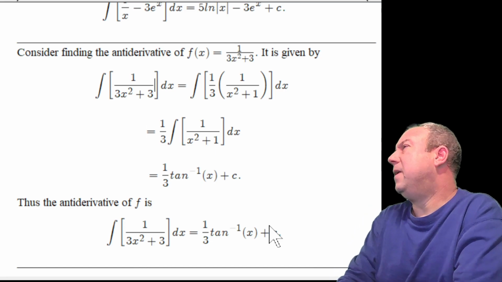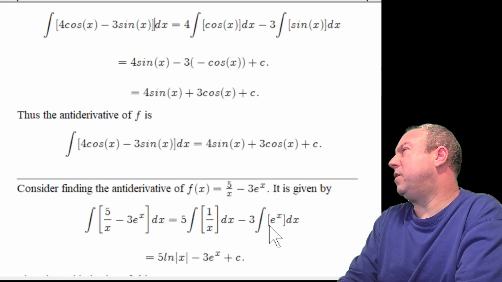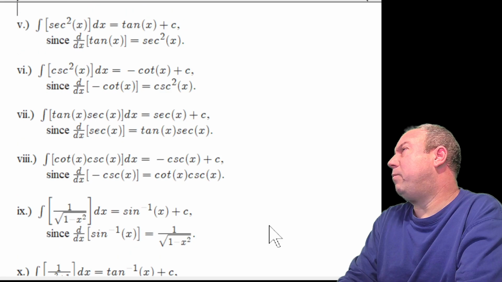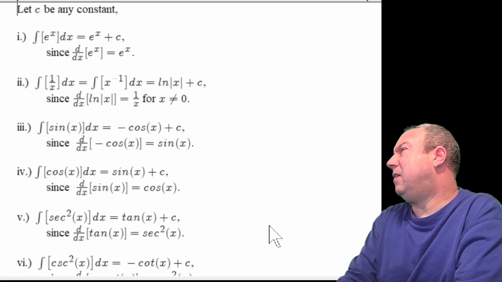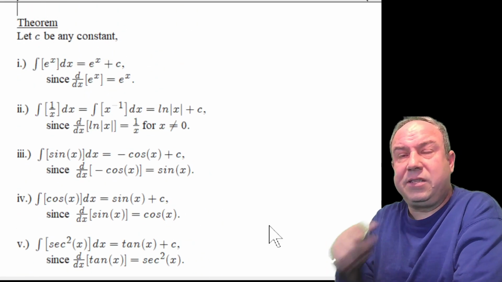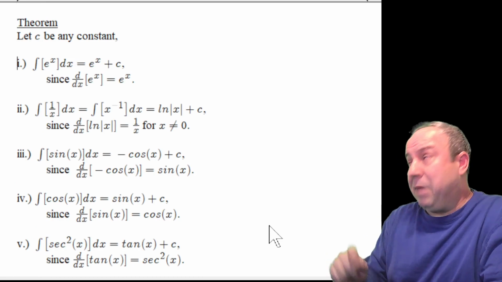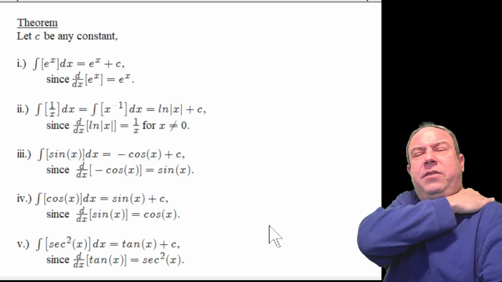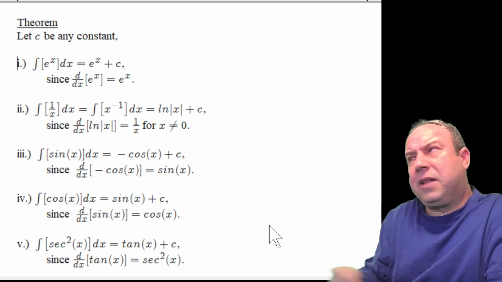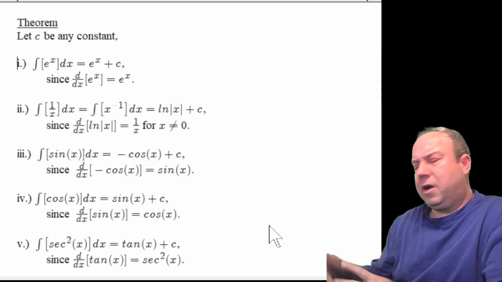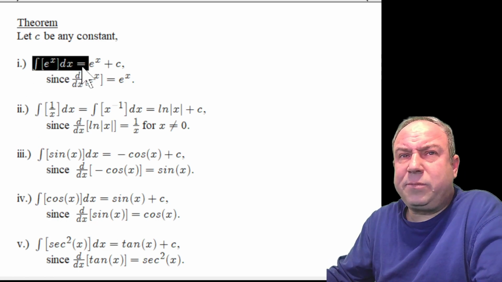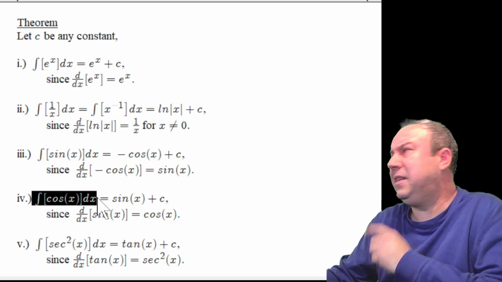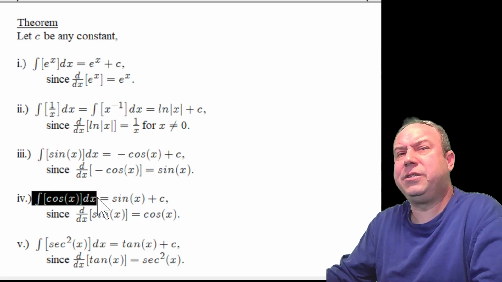I'll give you a couple examples of these 11 different theorem results given in this last theorem here, mixed with some sum and difference and constant multiple rule given above, for the case of finding the antiderivatives of polynomials. Again, notice these results are very specific to these cases. They have to be applied in these very specific situations.